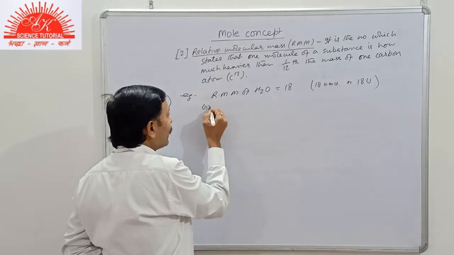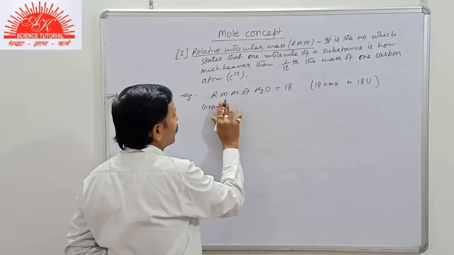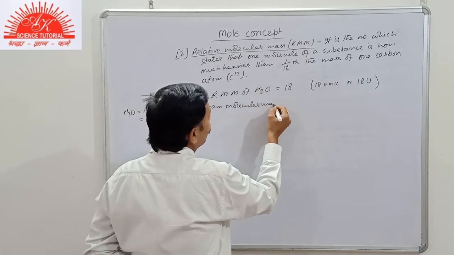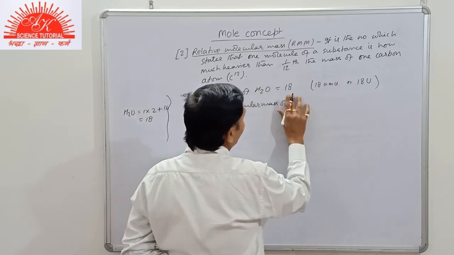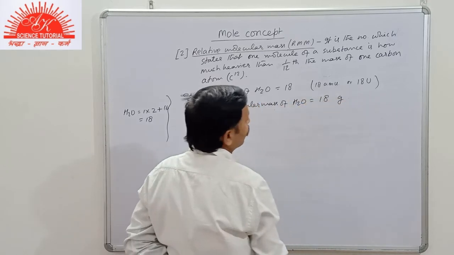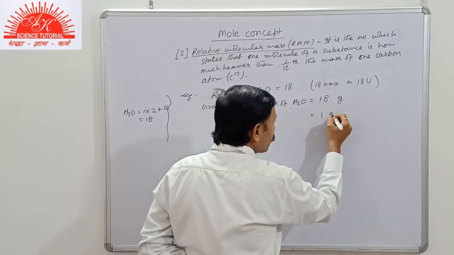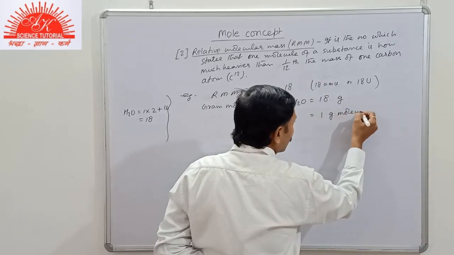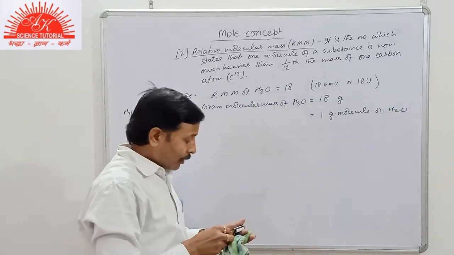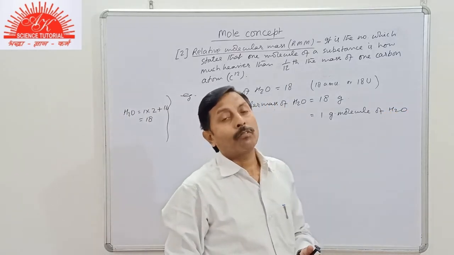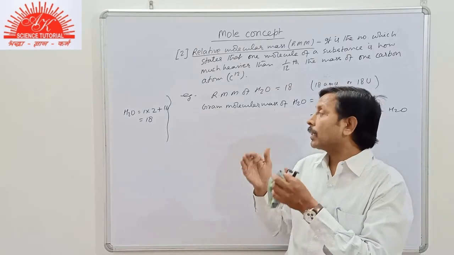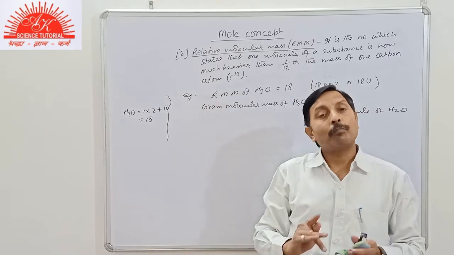But if we say gram molecular mass of water, then we will write here 18 gram and it is equal to 1 gram molecule of water. So as we have used this relationship for the molecules, the same thing is for the atoms, the same calculation method will be used.